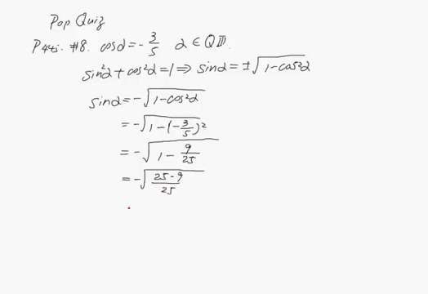Then take the square root, and this is equal to negative square root of 16 over 25, and finally you get negative 4 over 5.